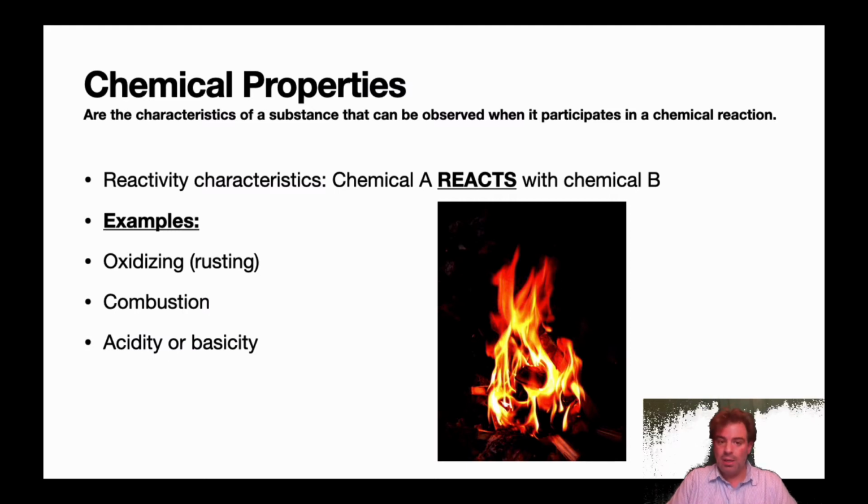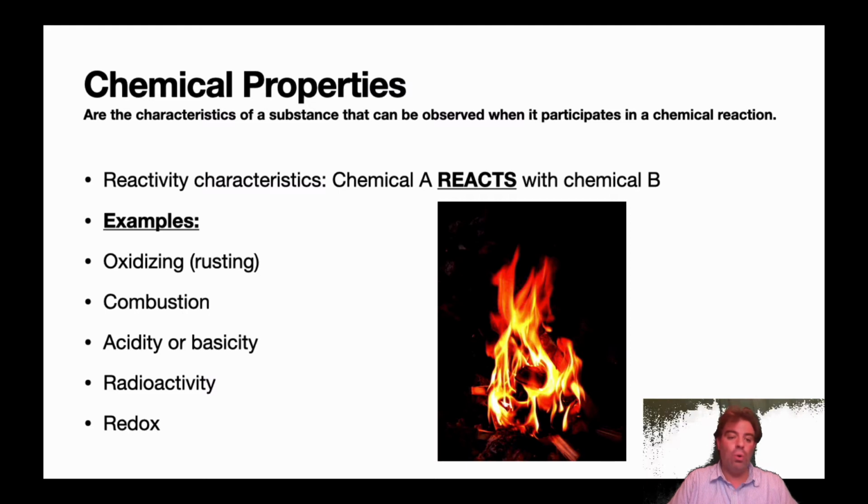Acidity or basicity is another chemical property, because why? It has to interact with an indicator, so that's a chemical reaction. Radioactivity: again, it must react with something in order to give off radioactive particles. And then finally, reduction, if it undergoes reduction or oxidation.